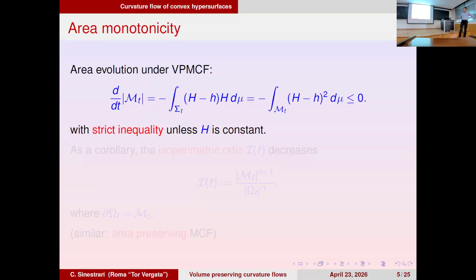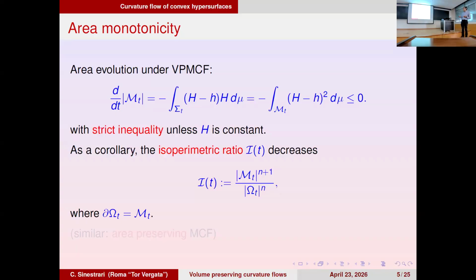You see that it is less than or equal to 0, but it is only equal to 0 if H is identically equal to small h. So if you are on a constant mean curvature hypersurface, or a stationary solution of the flow. Otherwise, there is a strict monotonicity of the area.